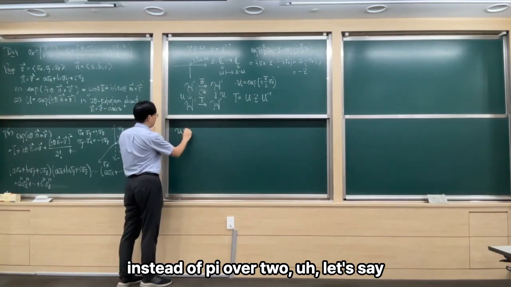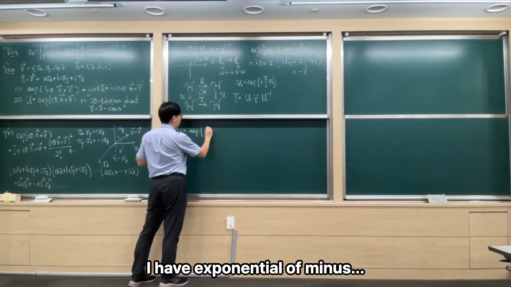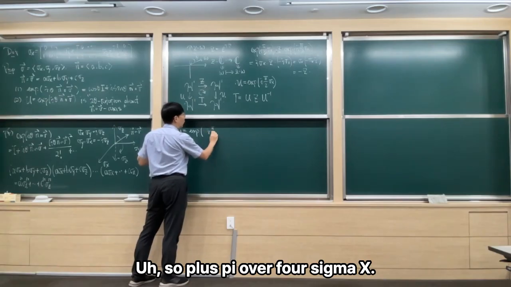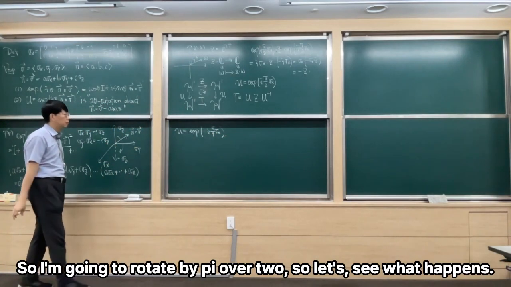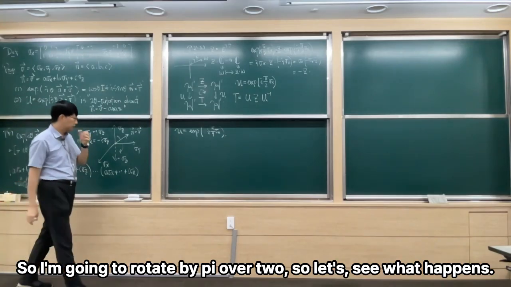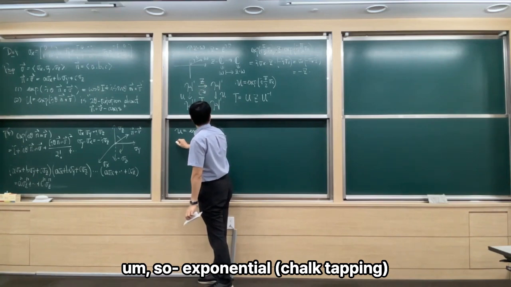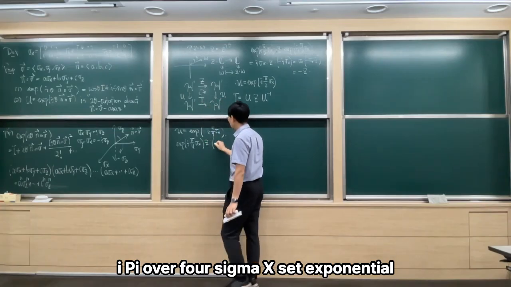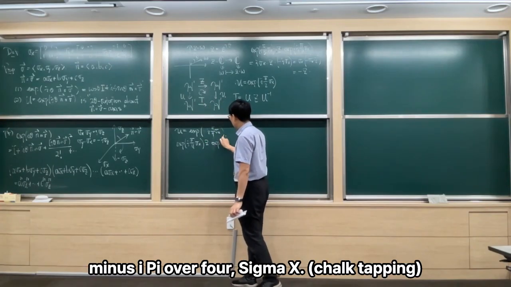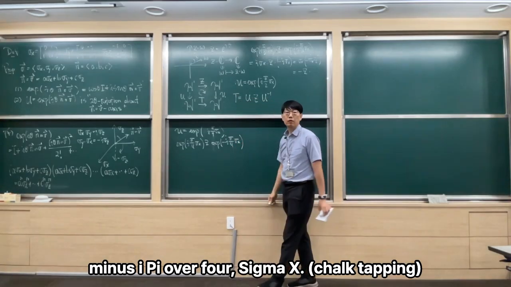So let's say instead of pi over 2, I have exponential of plus i pi over 4 sigma x. Okay, so I'm going to rotate by pi over 2. So let's see what happens. So the same Z: exponential i pi over 4 sigma x, Z, exponential minus i pi over 4 sigma x.